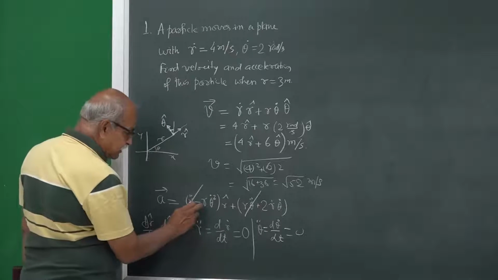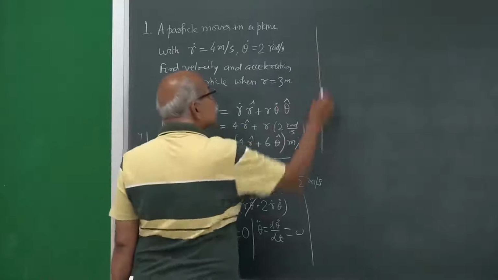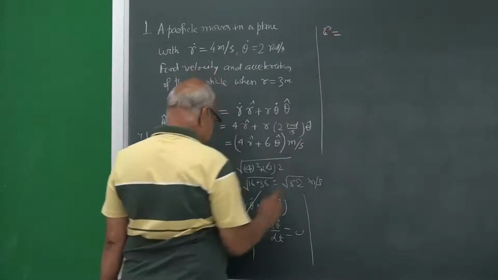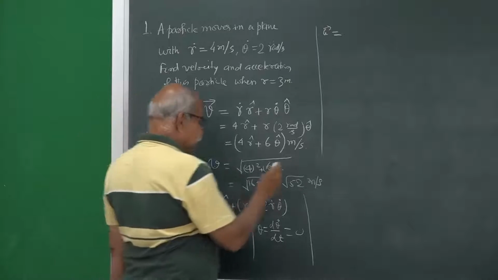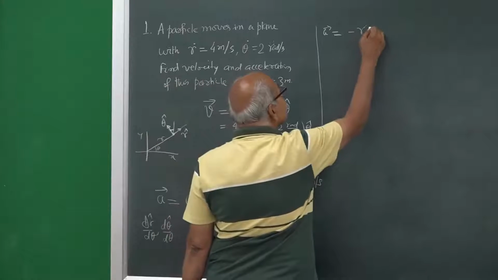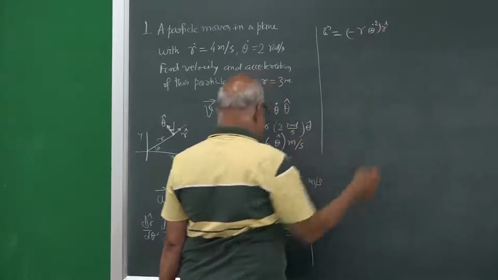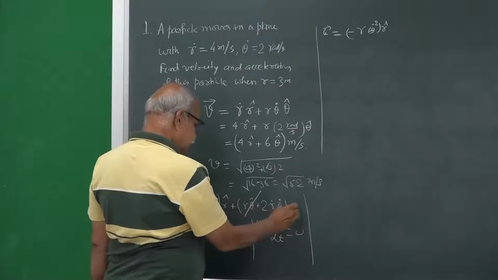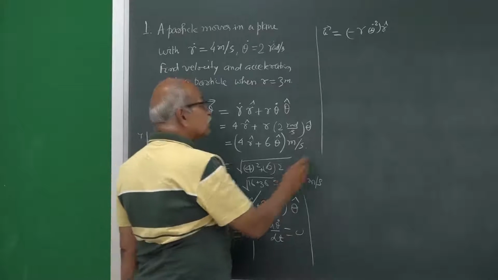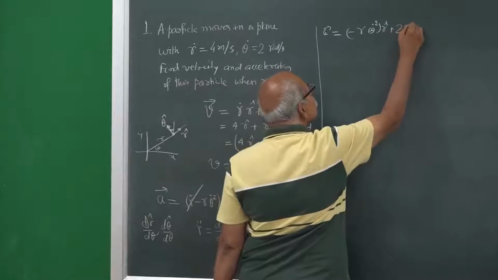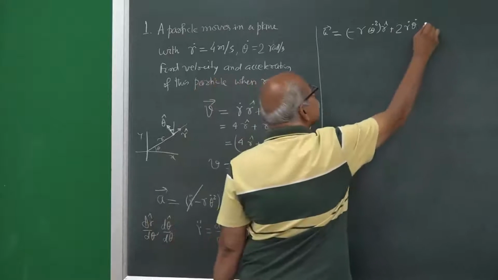So, what we are left with is minus r theta dot square in r cap direction, and in theta cap direction, plus 2 r dot theta dot.